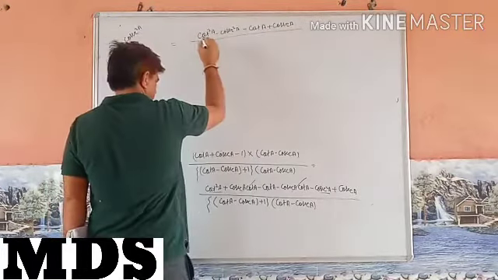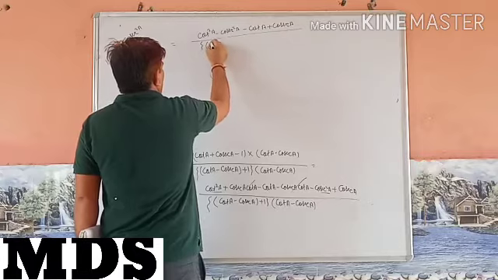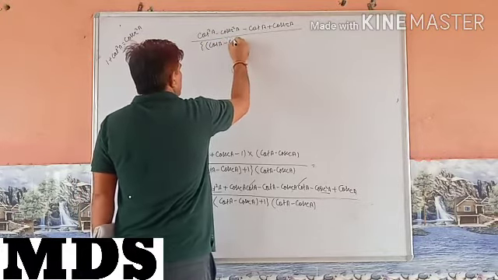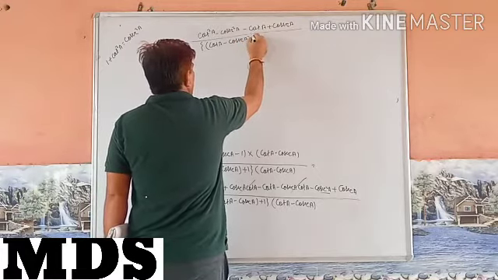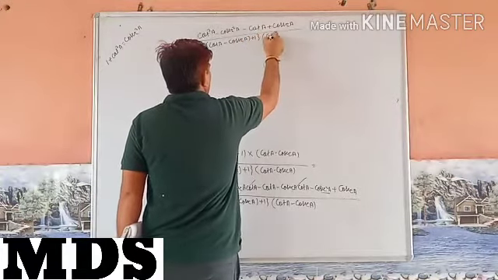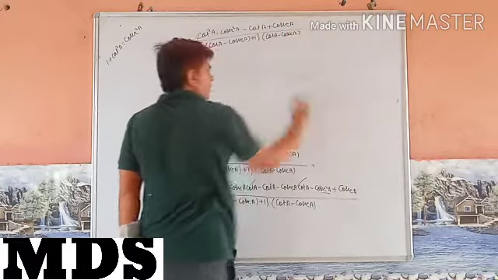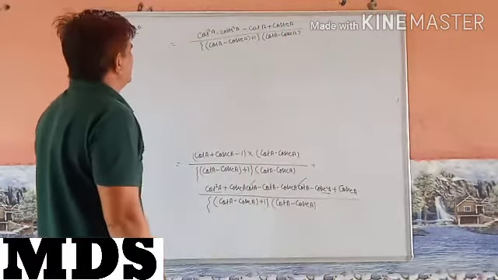By (cotangent A minus cosecant A plus 1) into (cotangent A minus cosecant A).